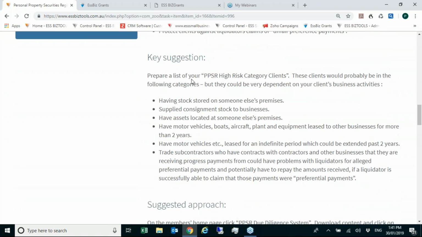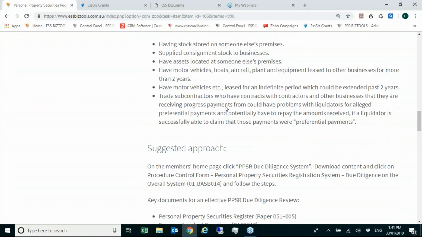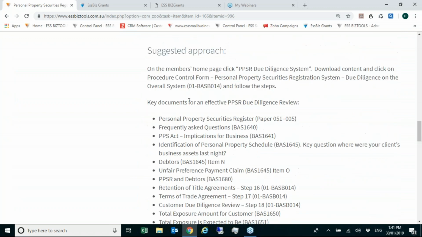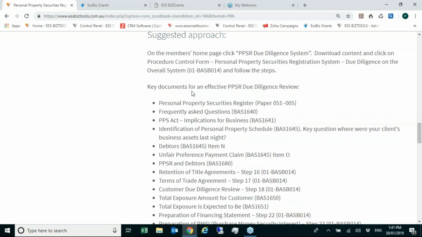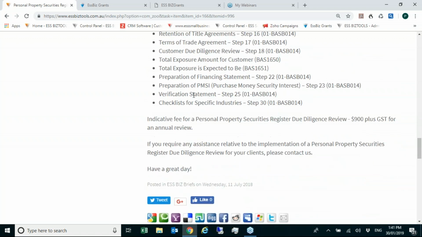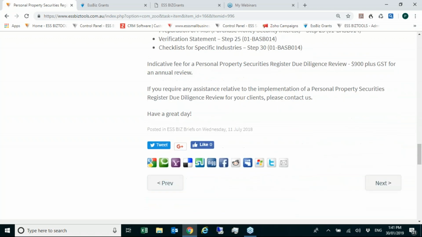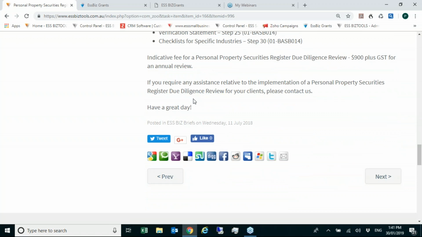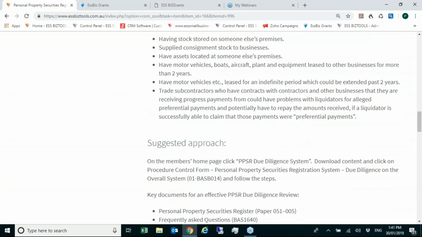And then we've got some key suggestions for you to think about, and then how you might go about doing this. How would you approach a client? And that's really what this section is about, trying to give you very clear guidance. All this information's in the product package, but this is just meant to be an additional reminder, if you like, of what's in the system.